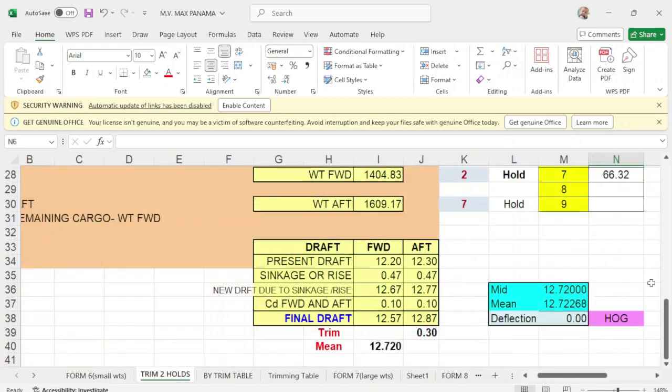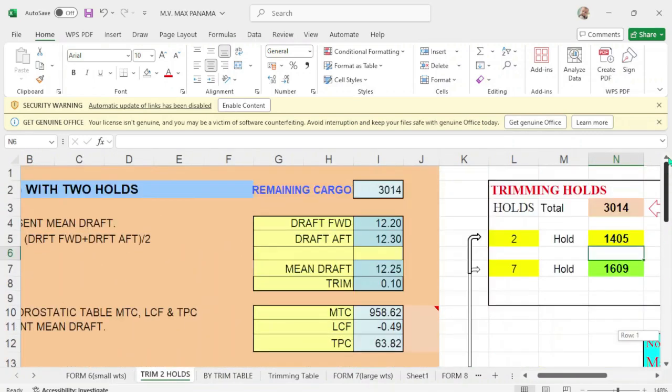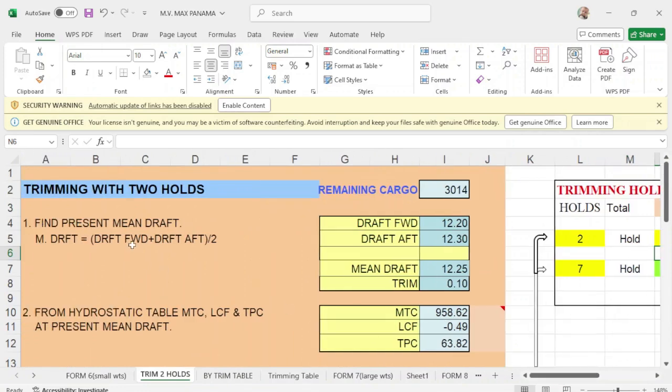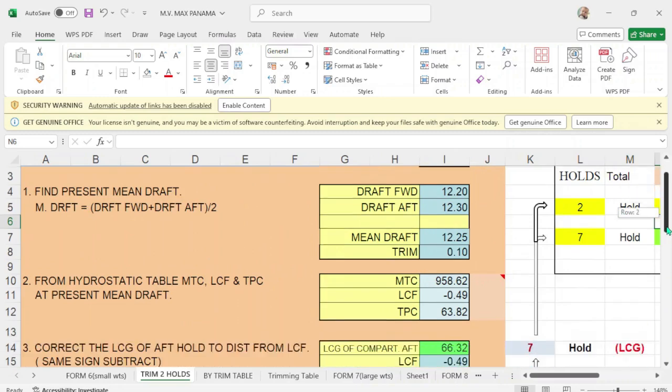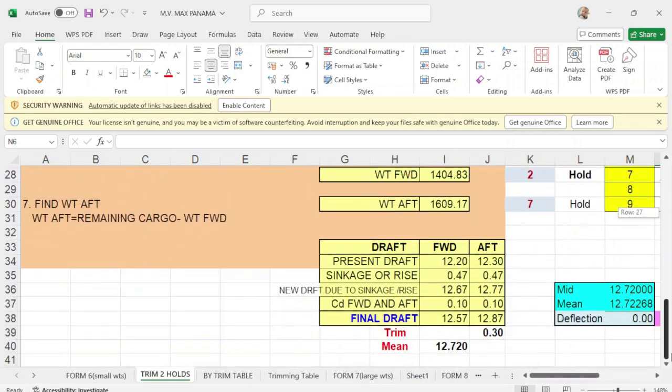Trim 2 holes, and your final drop will be forward 12.57, updraft 12.87, trim 30 centimeters, and your main drop is 12.72.